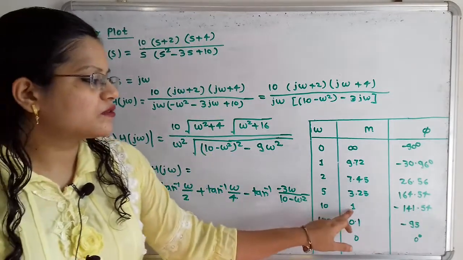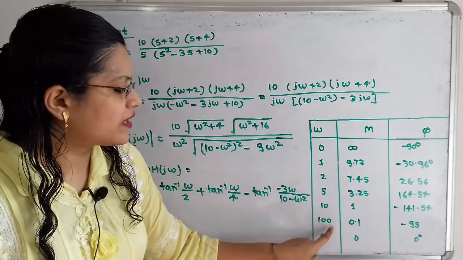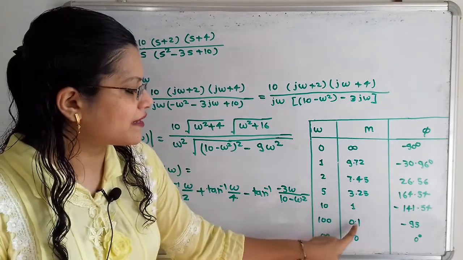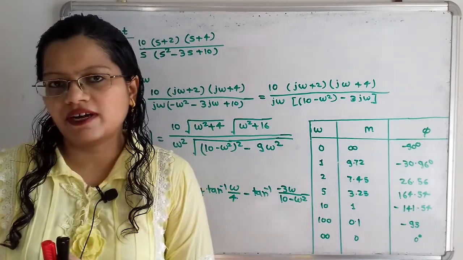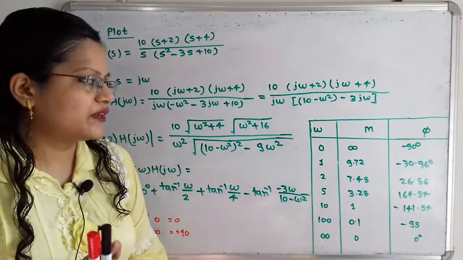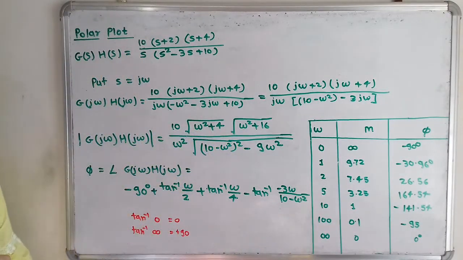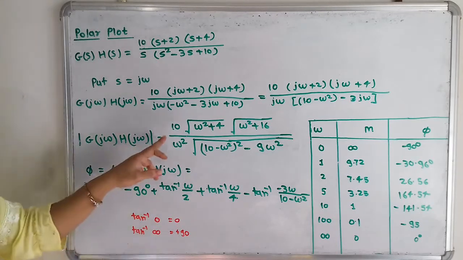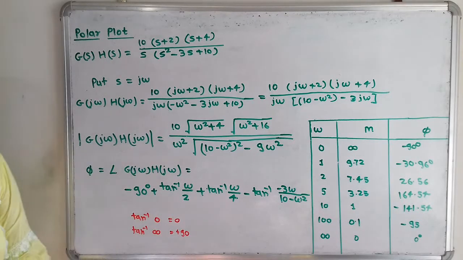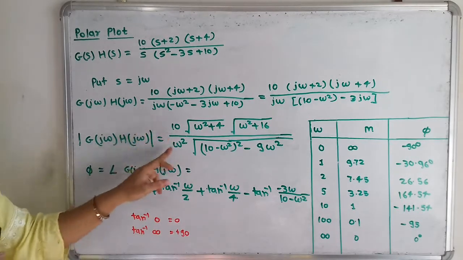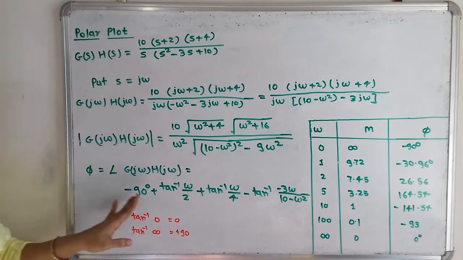Now it is nearer to the origin, that is 1, so I will take 100. When omega is equal to 100, magnitude is 0.1 and phase angle phi is minus 95 degree. Then I will take infinity. When omega is equal to infinity, 10 by infinity makes the magnitude 0.